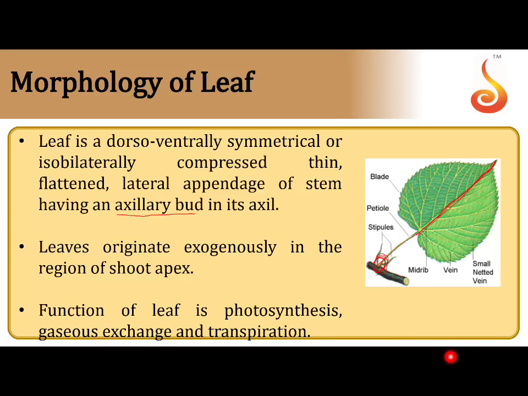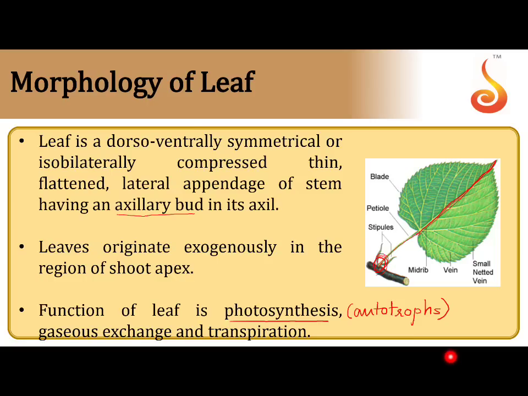If you ask me, ma'am, what is the major role or function of leaf? I would say the most important role is photosynthesis. You know, plants are autotrophs. If plants are autotrophs, they have to cook their own food, prepare their own food. This is done with the process of photosynthesis.